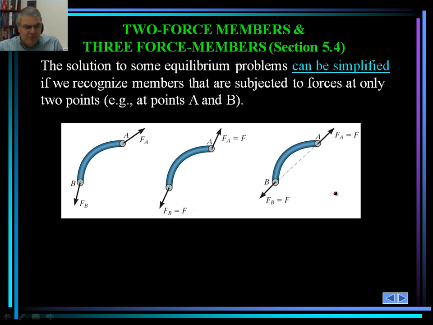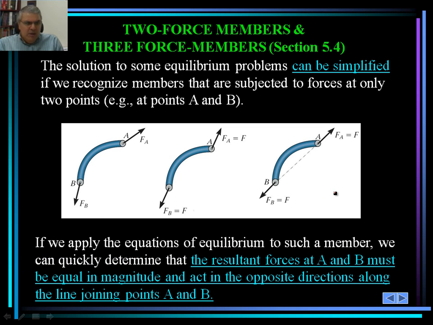Again, two-force members are subject to forces at only two points. In this case, points A and B are shown. As you can see, the line of action would go through a line, for example AB here, F sub A and F sub B; we can connect these two points.